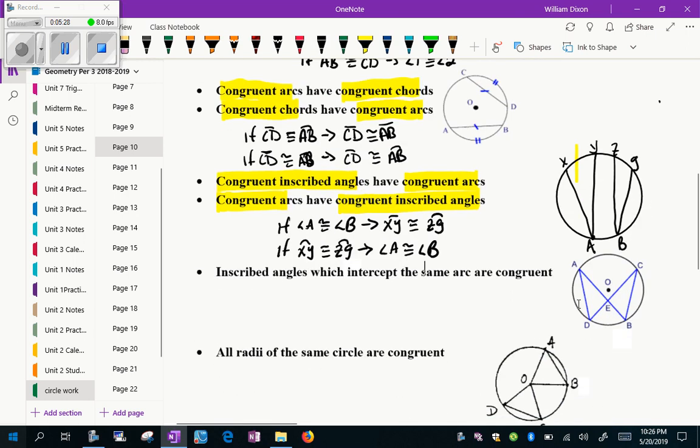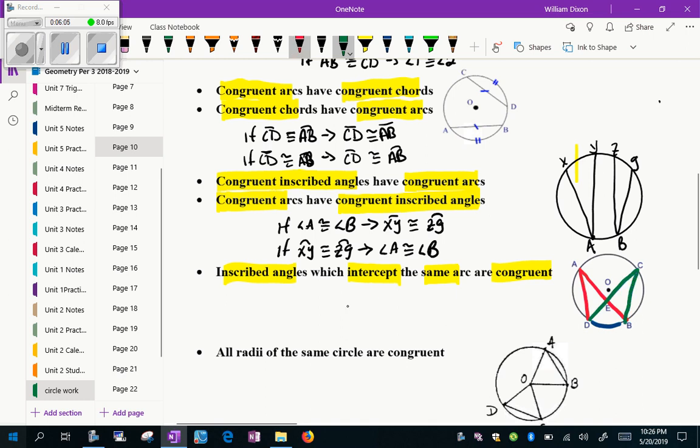All right, now inscribed angles which intercept the same arc are congruent. I just want to highlight a couple key things there. So what does that look like? Well, I have angle A that intercepts arc DB, and I also have inscribed angle C that intercepts the same arc.